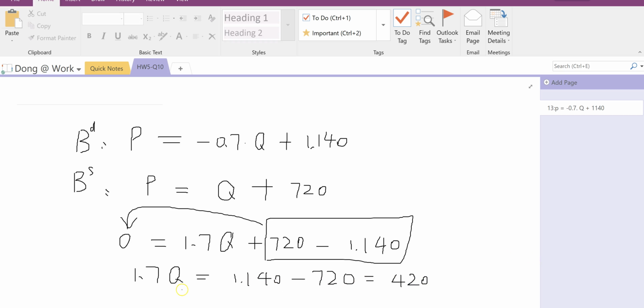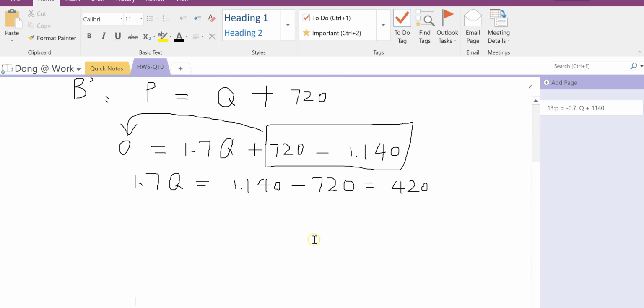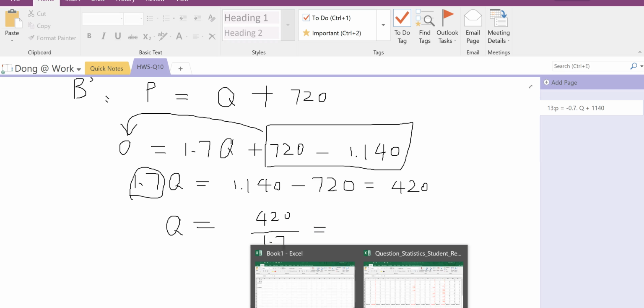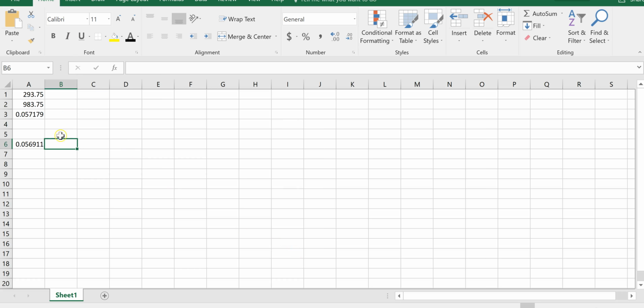Then we can just continue. We solve for Q by dividing both sides by 1.7. So Q equals 420 over 1.7. For the final step, I can just use my calculator. Let me erase all these numbers here.